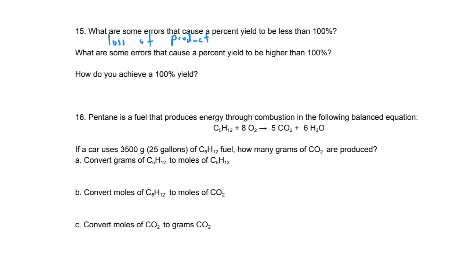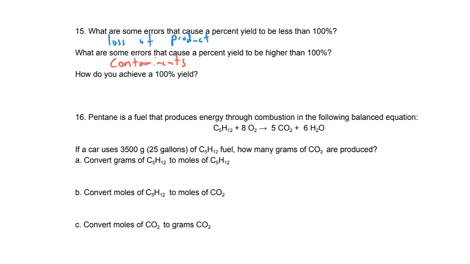What are some errors that cause the percent yield to be higher than 100%? So the only way you can get a percent yield higher than 100% is if you accidentally have some contaminants. You will never get higher than 100% of actual product, but if you have some contaminants, they will increase the mass and make it look like you got over 100%.